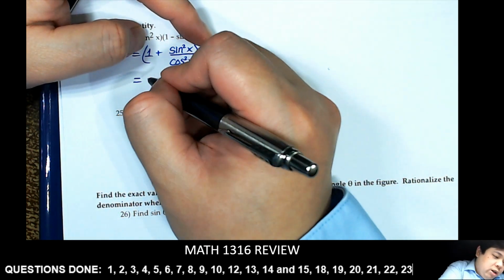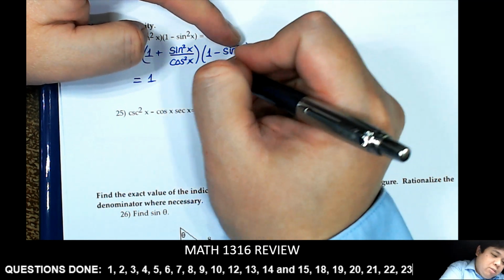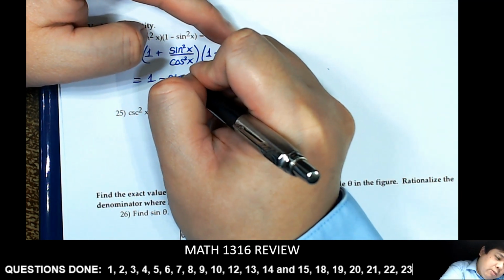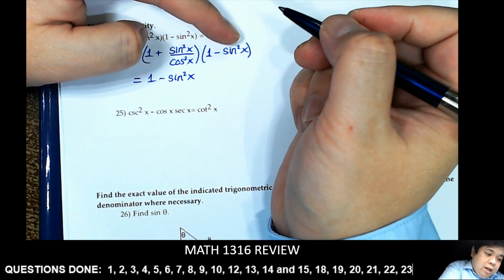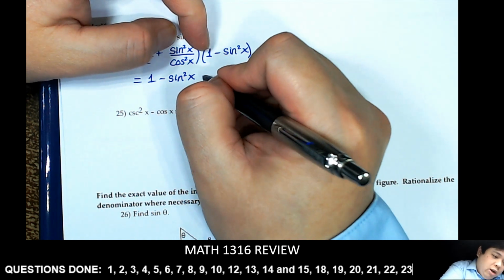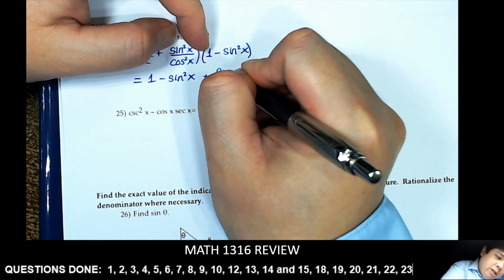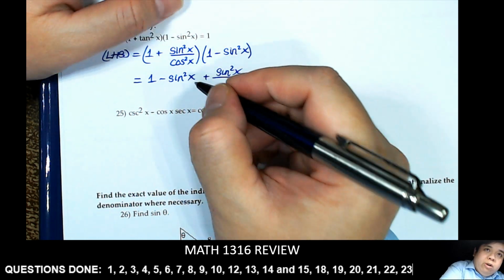So 1 times 1 is 1, 1 times negative sine, and then sine squared times 1. So we still have sine squared over cosine squared.